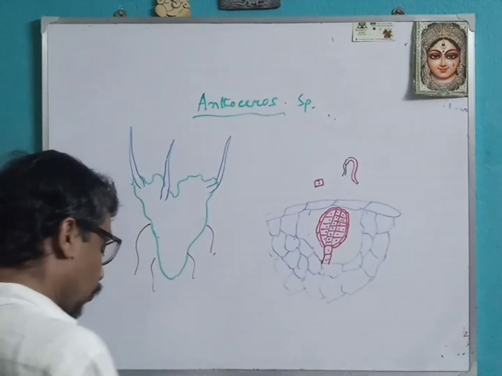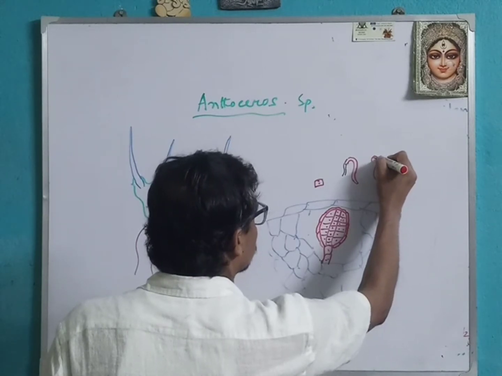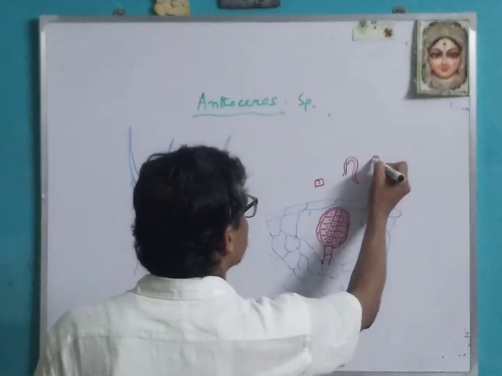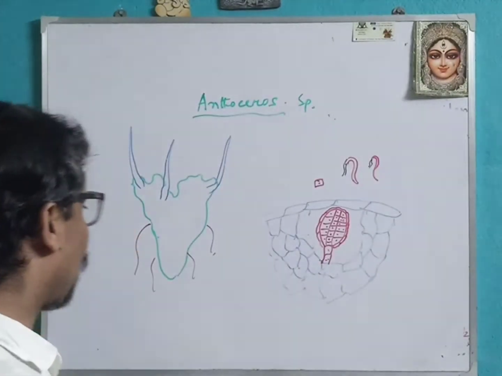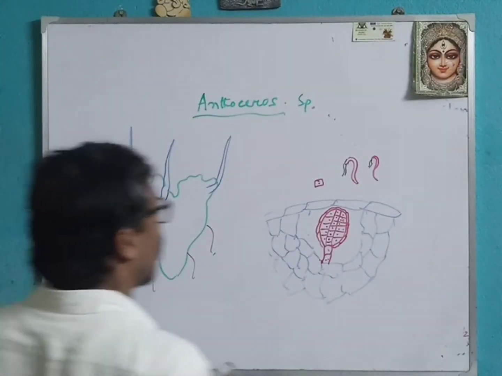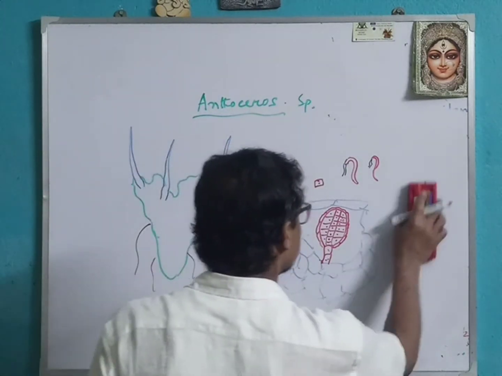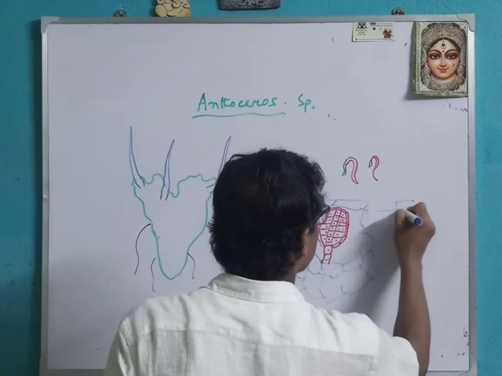While we draw this structure elaborately, we draw it this way, with flagella. These are called antherozoids.